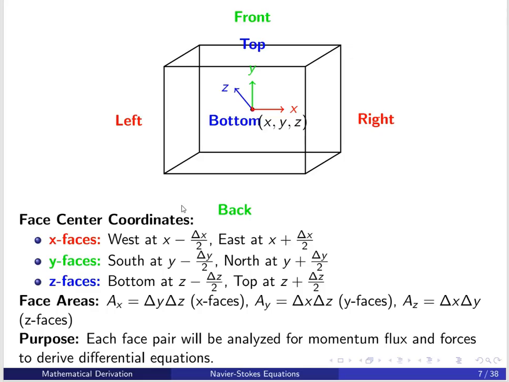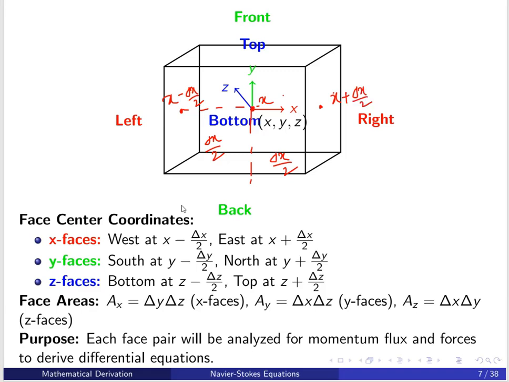From here to this face, the distance is del x by 2, and from here to the left hand face, the distance is del x by 2. So if this is x, this face coordinate will be x minus del x by 2, and this face coordinate will be x plus del x by 2.